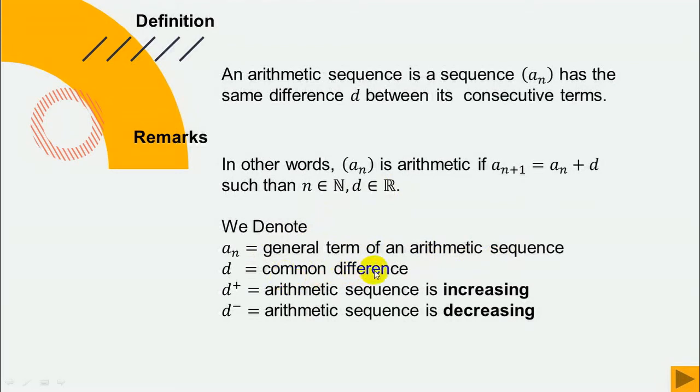If the common difference is positive, it means the arithmetic sequence is increasing. If the common difference is negative, it means the arithmetic sequence is decreasing.